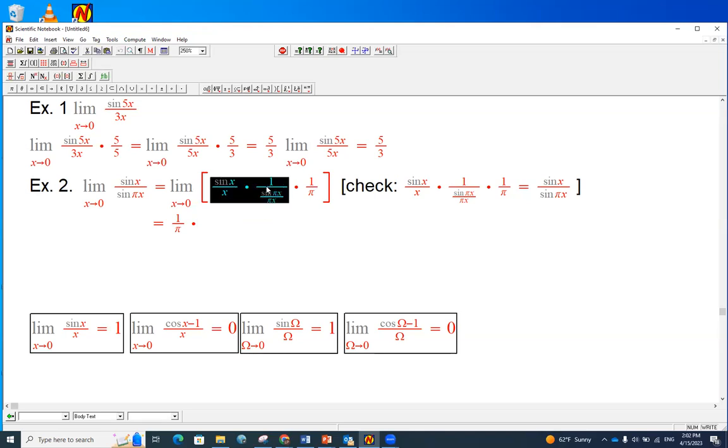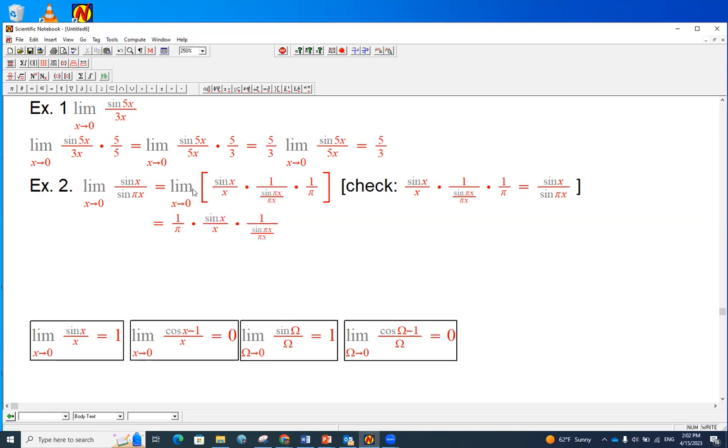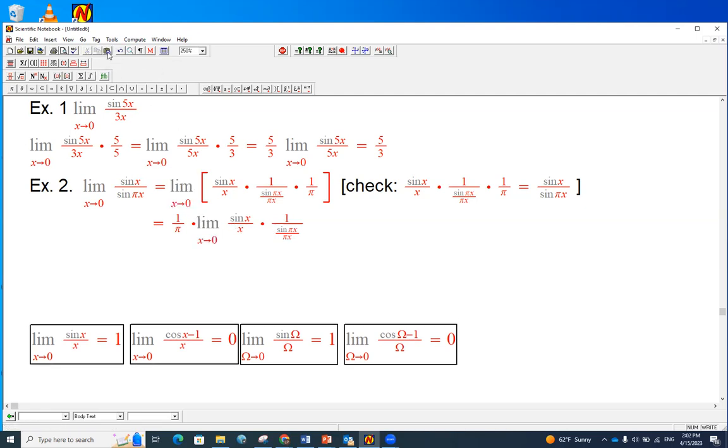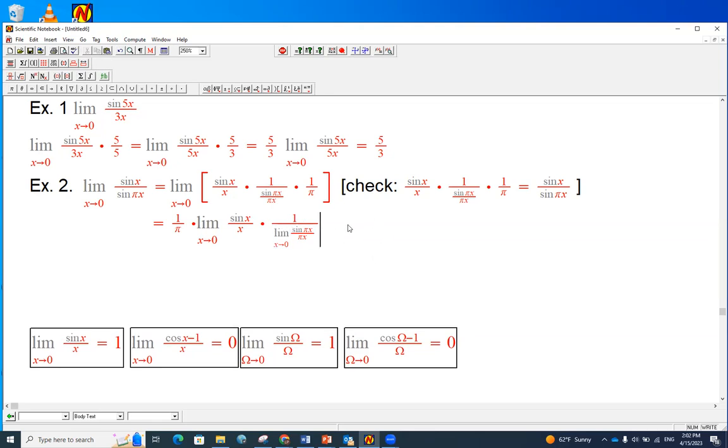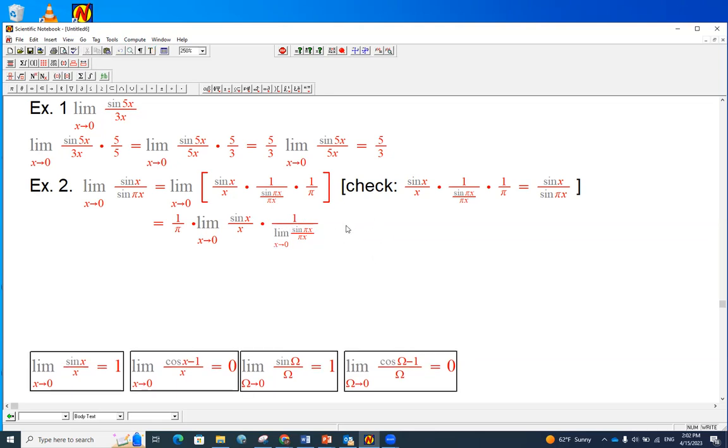So now, because each individual limit exists, next, we can apply the limit law where you put the limits on the individuals. There. You see, we're applying limit law. Each individual limit exists, right? So now what do we get? We get 1 over pi is here.